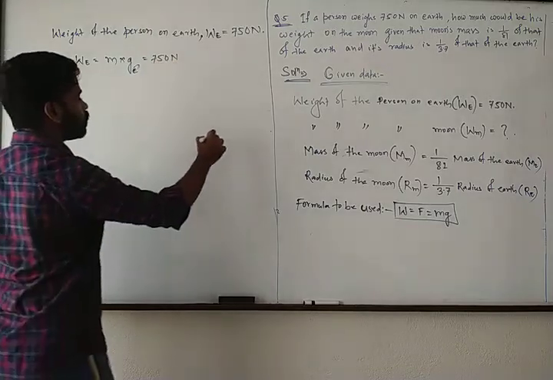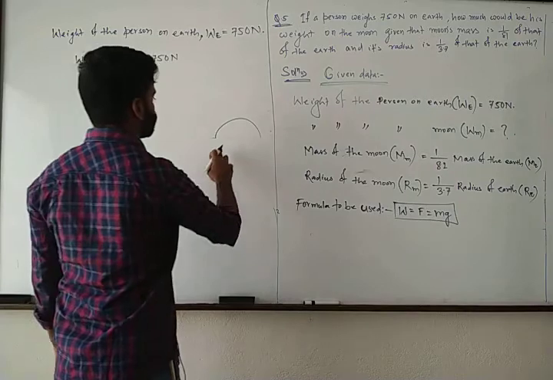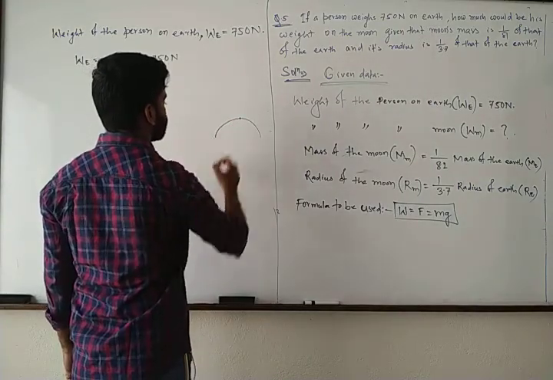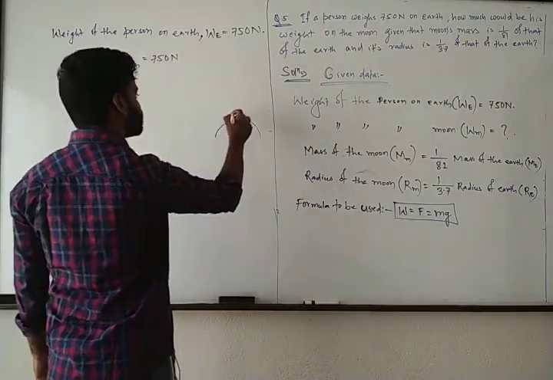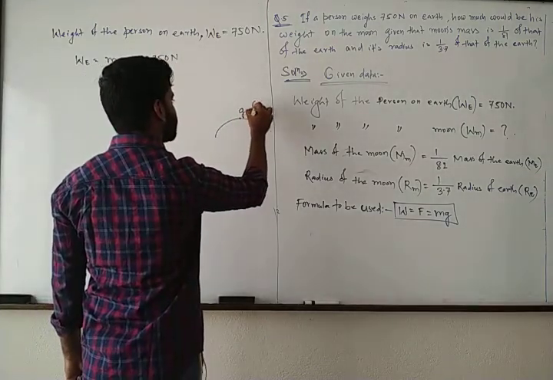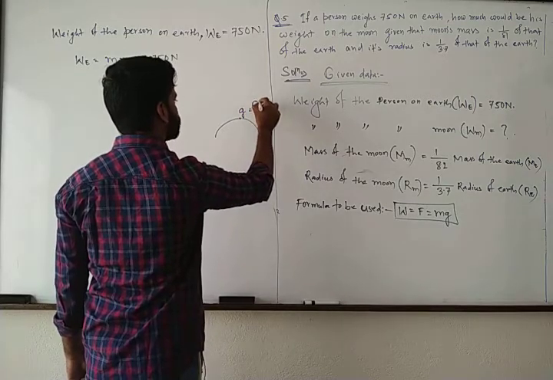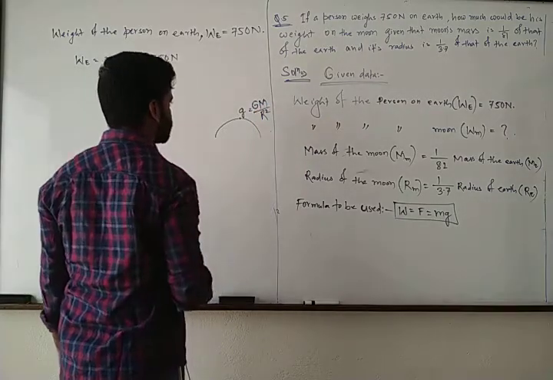And you have also known that on the surface of Earth, the acceleration due to gravity is G, the universal gravitational constant, mass of the Earth, and radius of Earth square.